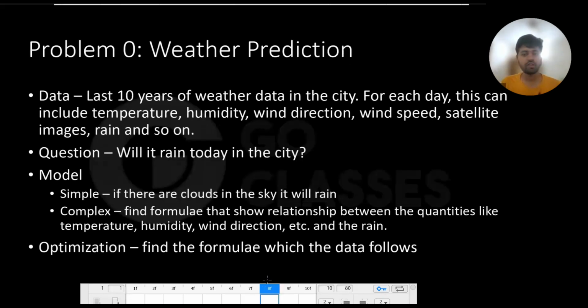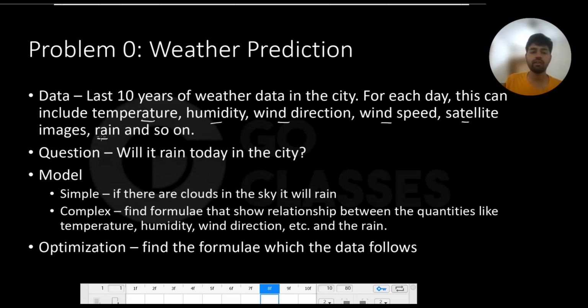Okay, so consider this to be one of my problems. Consider that you are living in, let's say, Mumbai, and for the last 10 years, every day you are given this kind of information. Somebody measures the temperature, somebody measures the humidity, somebody measures the wind direction and the speed. Someone collects the satellite images and so on.